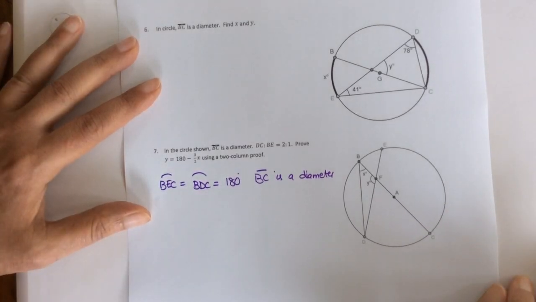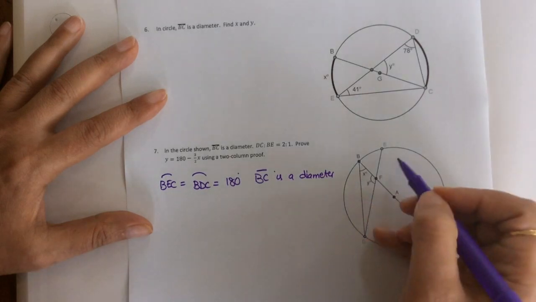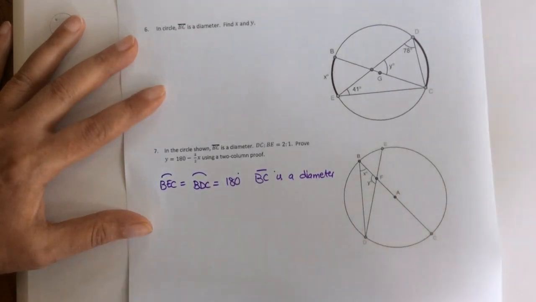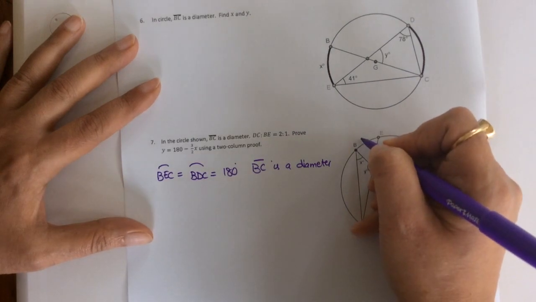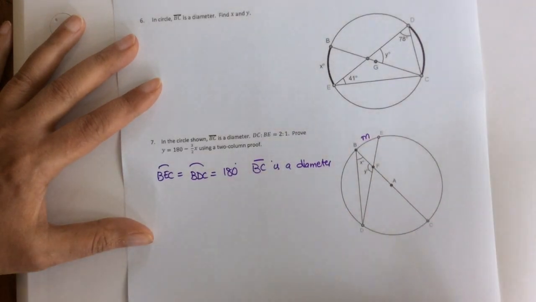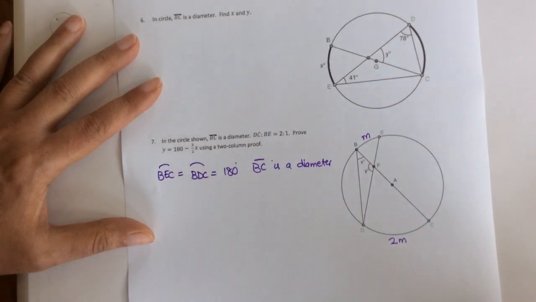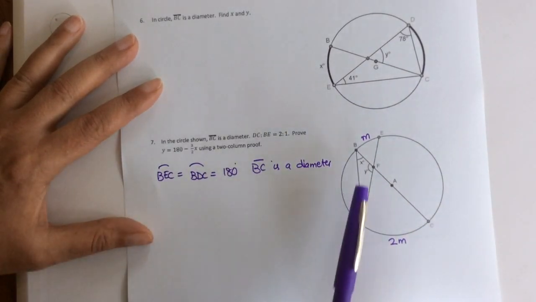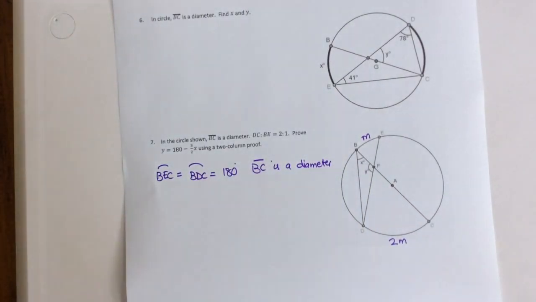Also, I know that the ratio of DC to BE is 2:1. So if I say the measure of this is some m, then CD is going to be 2 times m. And they're asking me to prove that the angle y is 180 degrees minus 3/2x.